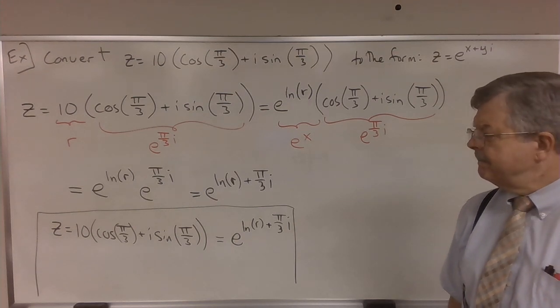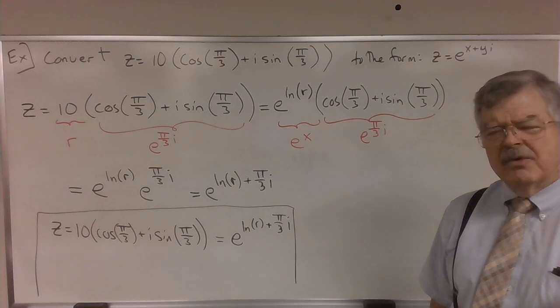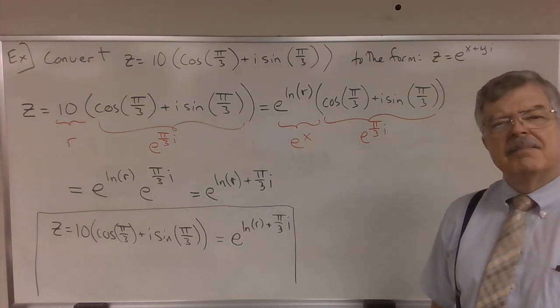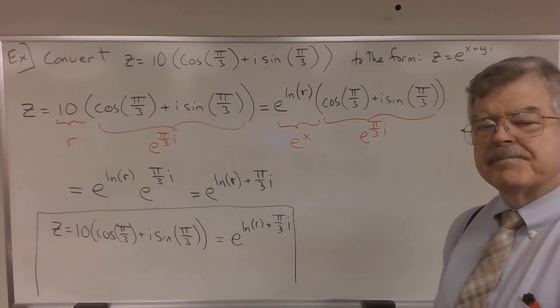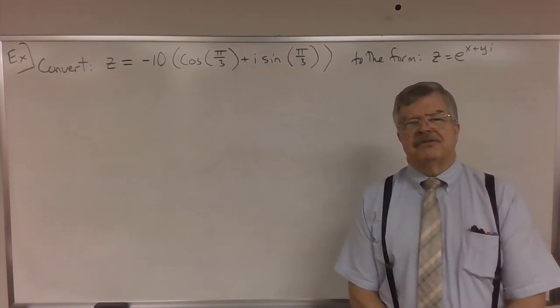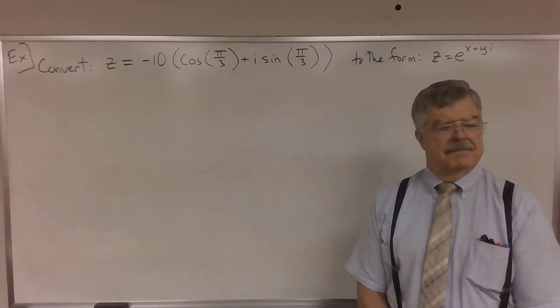Now, let's do one more example of this type, and let me throw a monkey wrench into the works. Okay, we're going to do a subtle variation on the exercise that we just did.